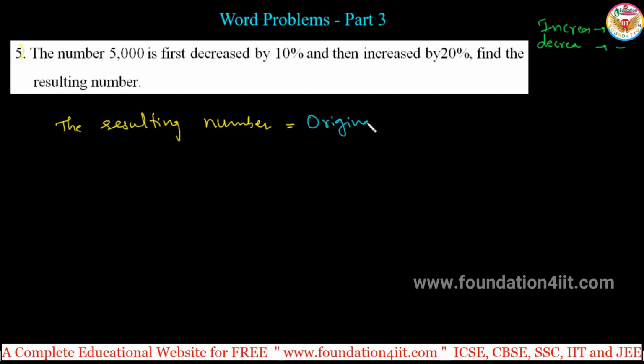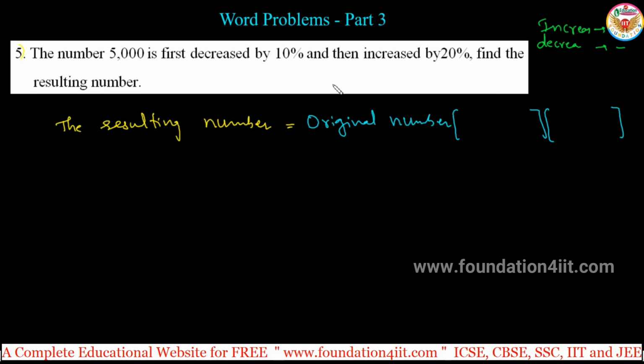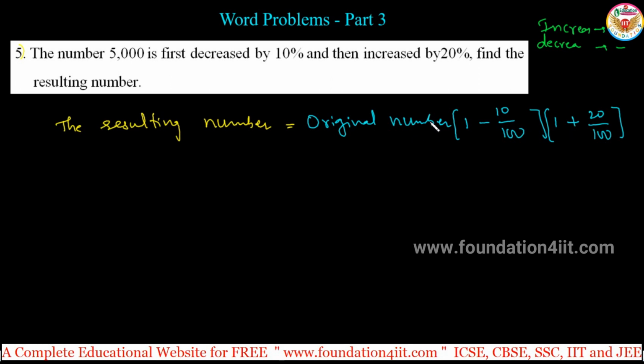So in this formula, original number into 1 plus X by 100 or 1 minus X by 100, where X is the percentage. First decreased, and decrease means 1 minus 10 by 100. Next increase 20, so 1 plus 20 by 100. Same as the previous concept, just apply the values and simplify.